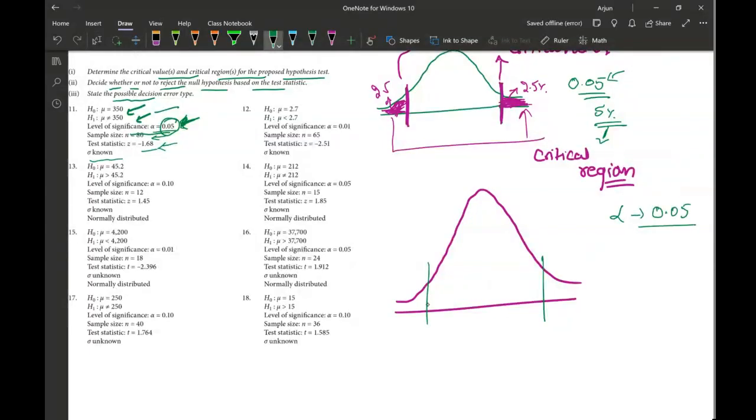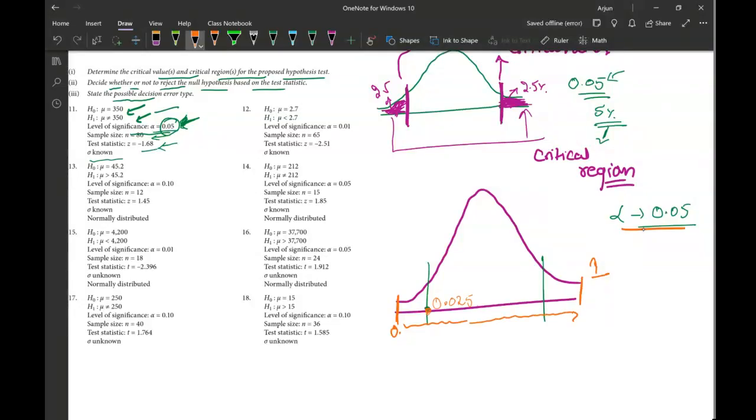Listen to me carefully. The probability value at this point will be 0.025. Why is this 0.025? Because the probability value starts from 0 here and goes up to 1. The values always move from the left-hand side towards the right-hand side.